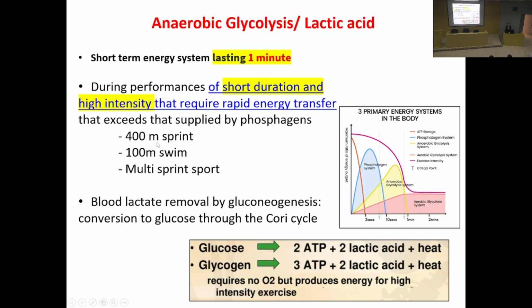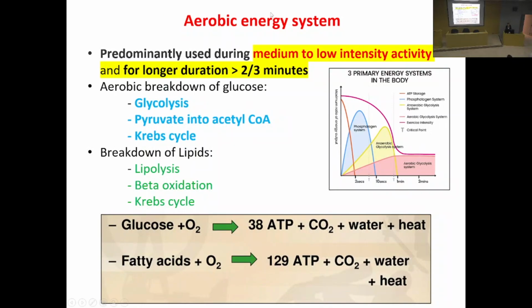So, for example, a 400-meter sprint, a 100-meter swim, or multi-sprint sports. In this kind of exercise, we use the anaerobic system, which leads to the formation of lactic acid, and the lactic acid can be reconverted into glucose by the Cori cycle in the liver. The Cori cycle retransforms your lactic acid into glucose and sends it back to the muscles. So the last one is the aerobic energy system.